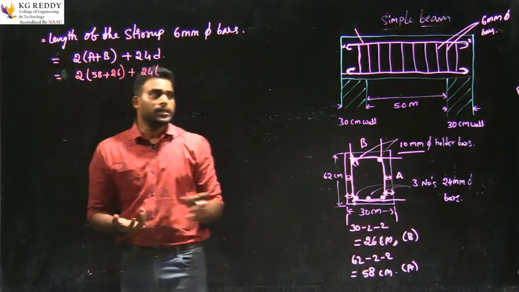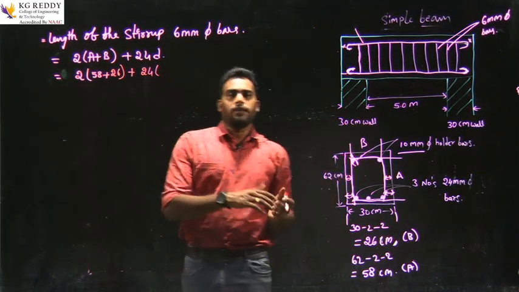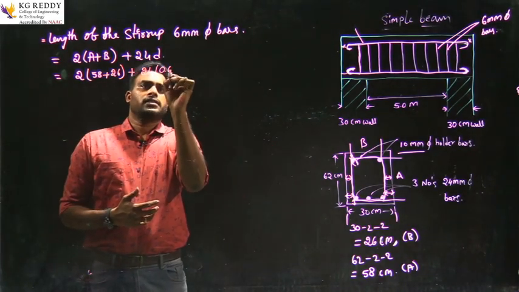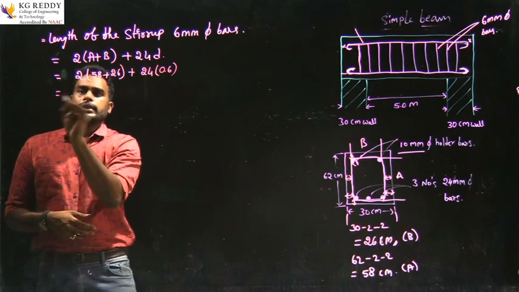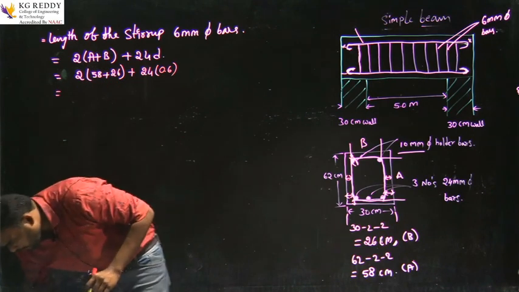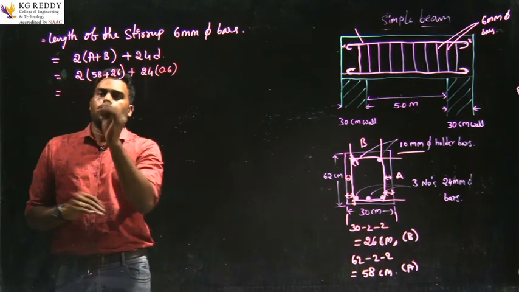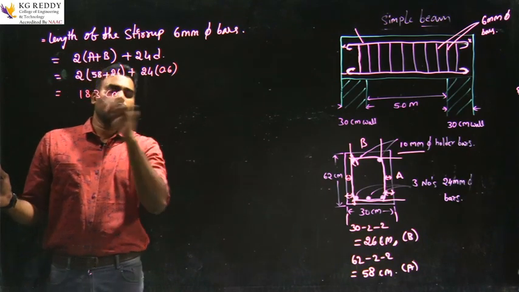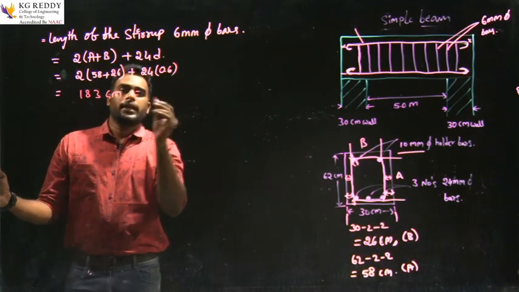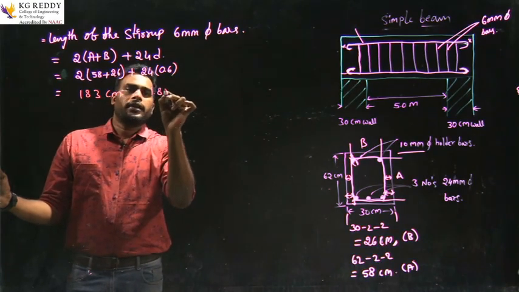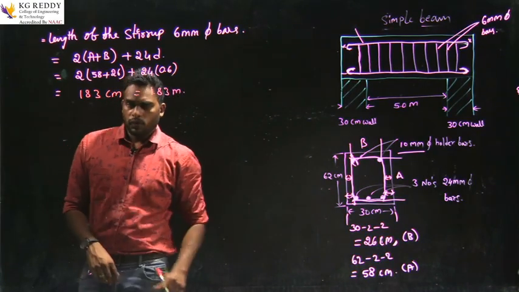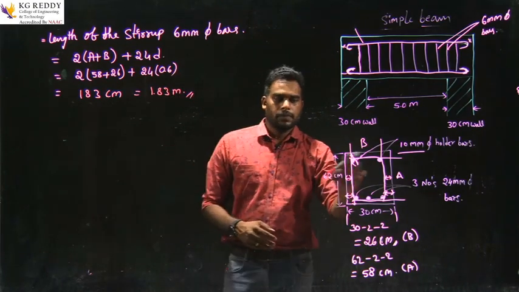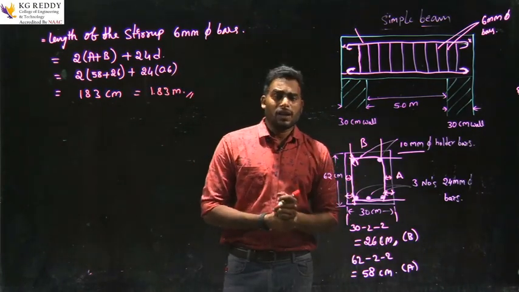The diameter is 6 mm, but we need to convert it into centimeters, so we get 0.6. By calculating this, we get 183 centimeters. We convert it into meters, so we get 1.83 meters. This is the length of one stirrup.